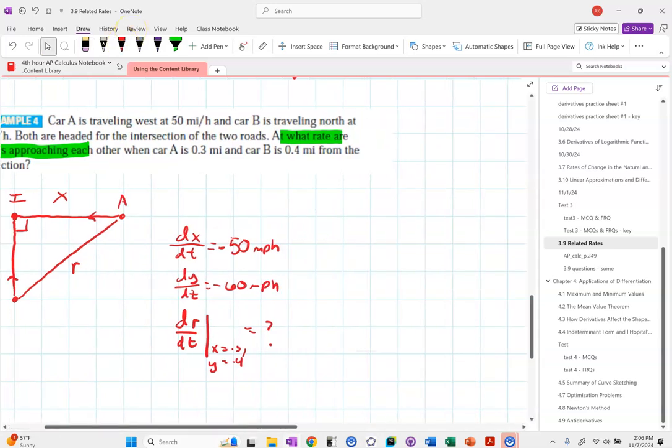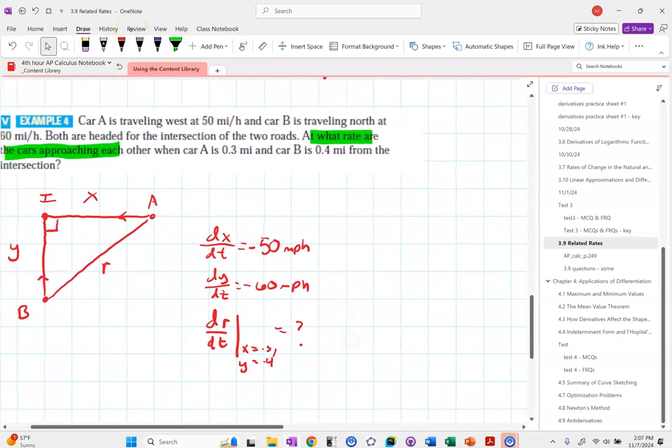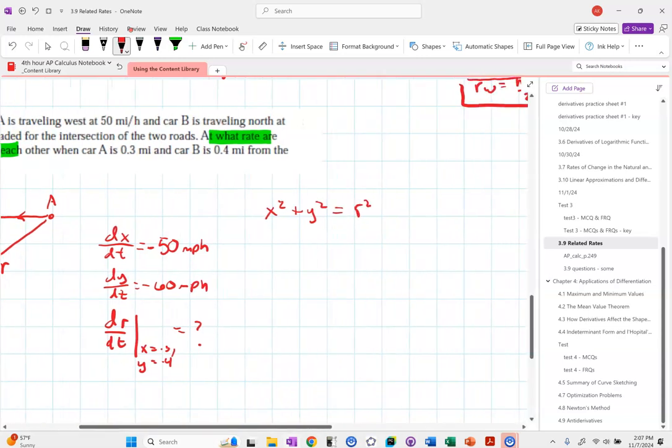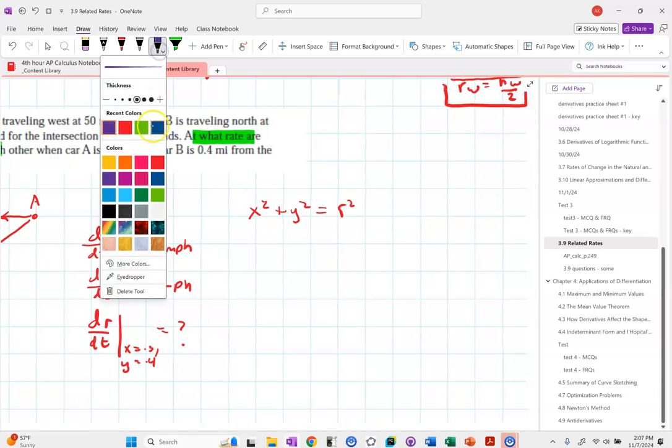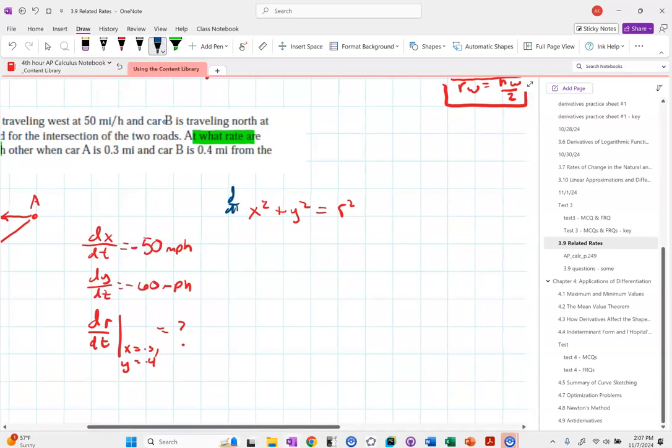What equation is going to describe this situation? Pythagorean theorem. And we just go take the derivative of both sides. So what's the derivative of x squared? 2x dx dt.